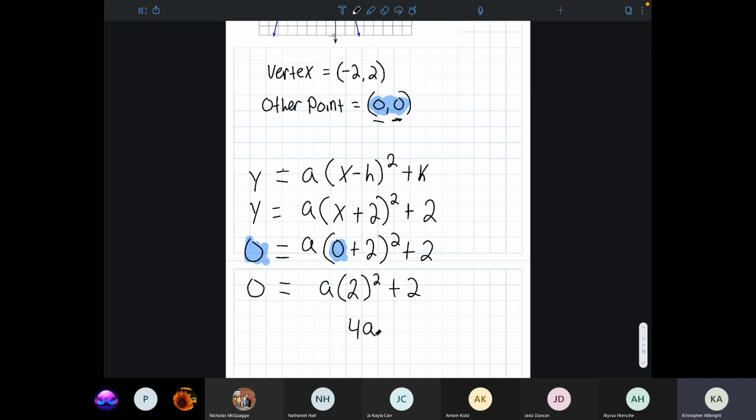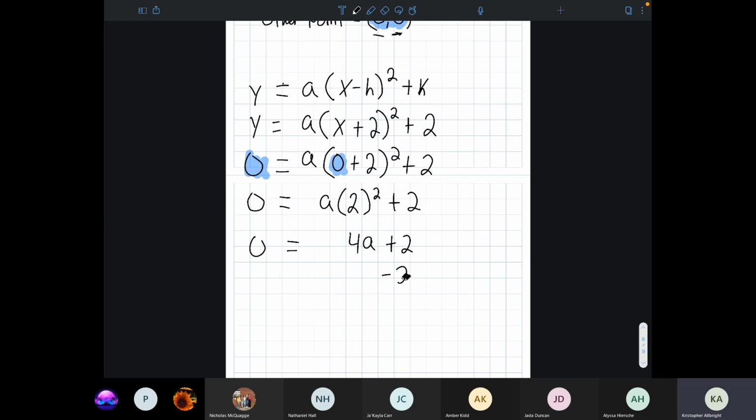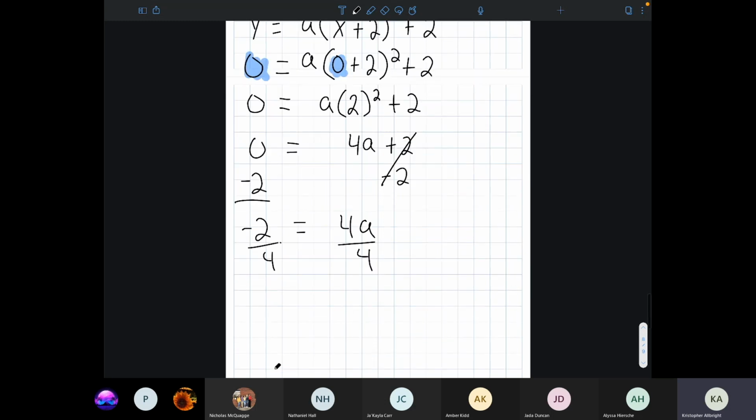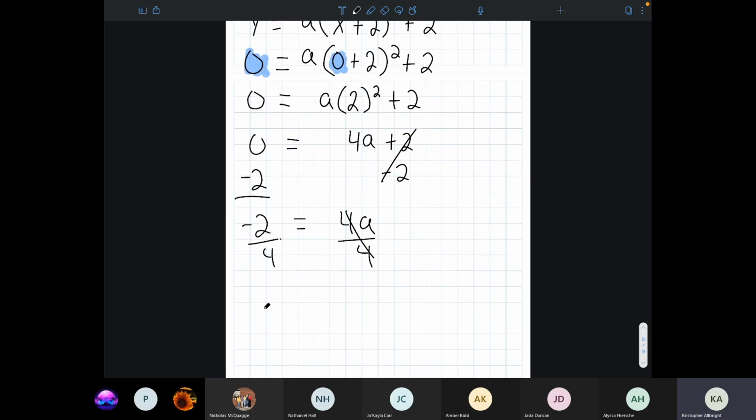So 4a, I'm going to move it to the back, plus 2 equals 0. Subtract 2, we're getting a by itself. This gives us negative 2 equals 4a. Divide by 4, divide by 4. We get negative 1/2 equals a.